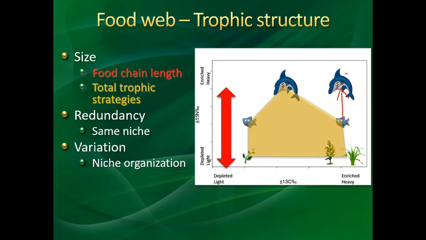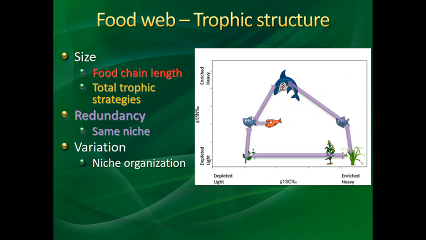So this shark here has a unique trophic strategy. So when we look at that polygon, it would be bigger. The area that encompasses the entirety of the food web is bigger, so we know that there are more total trophic strategies in a food web that has a bigger area of this weird looking polygon.